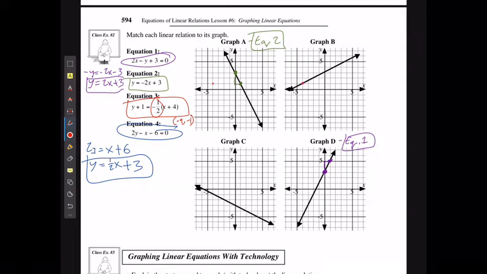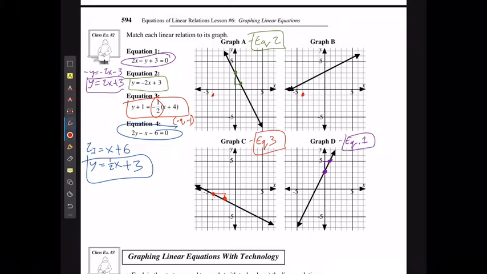This one does go through negative 4 and negative 1, not positive 1. We can see that the only graph that actually goes through that point is going to be graph C. It says it has a slope of negative 1 over 2, go down 1, right 2, and this one works. This one is equation 3.